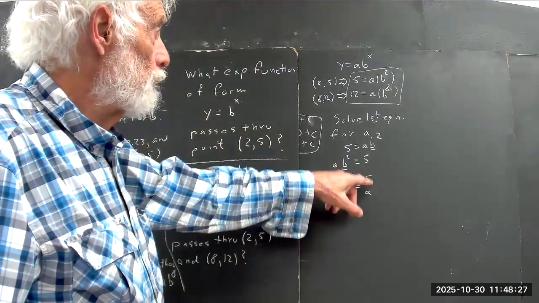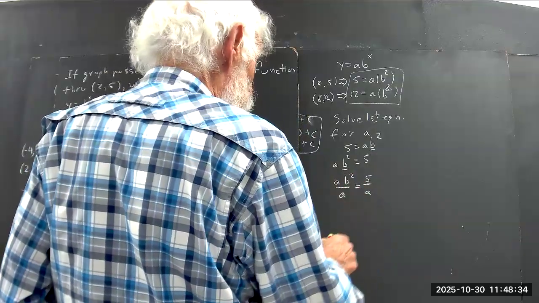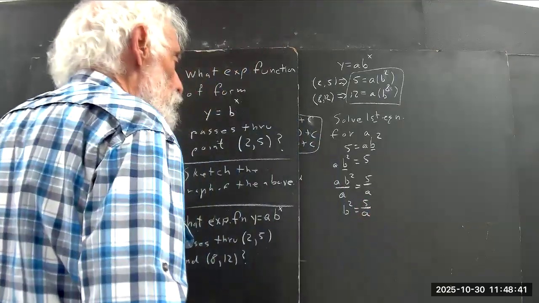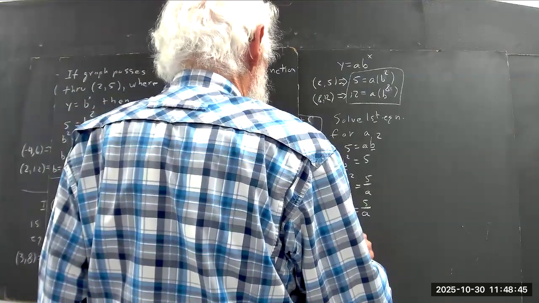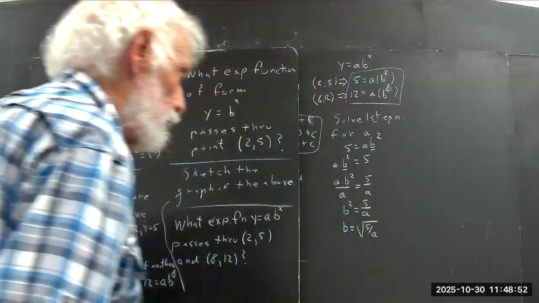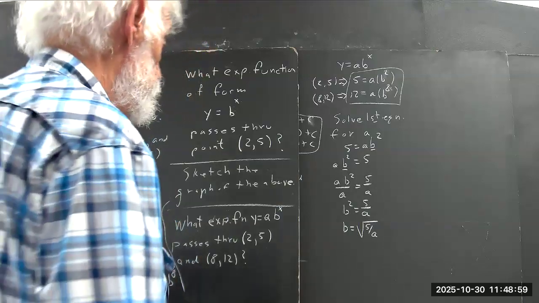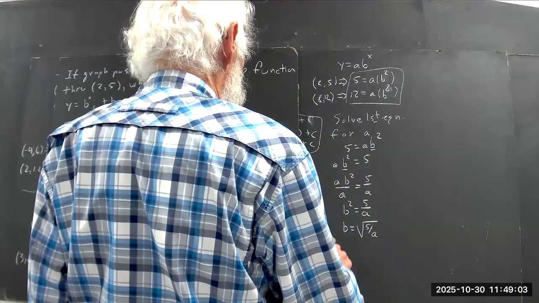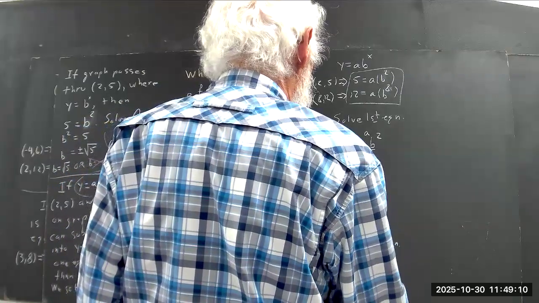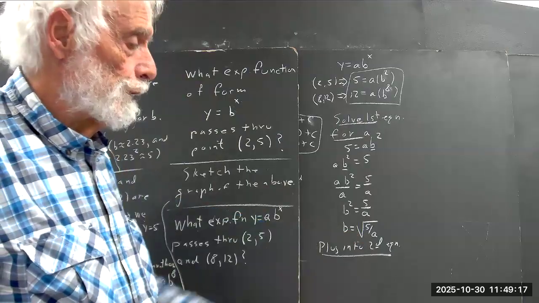Get AB squared over A equals 5 over A. And then, of course, since A divided by A is 1, we get B squared equals 5 over A. So B is the square root of 5 over A. Can you plug this into the second equation?